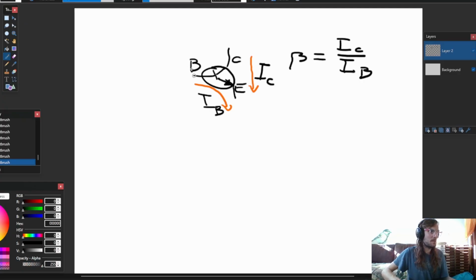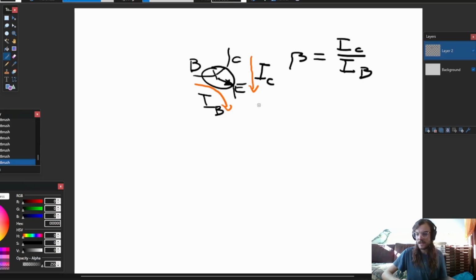So depending on what you're doing at the base and whether there is a current being able to flow through the collector to the emitter, this base current controls the collector current. That's how you can think about it. And then this beta value determines how strong this control is. The larger beta, the larger the current amplification is.